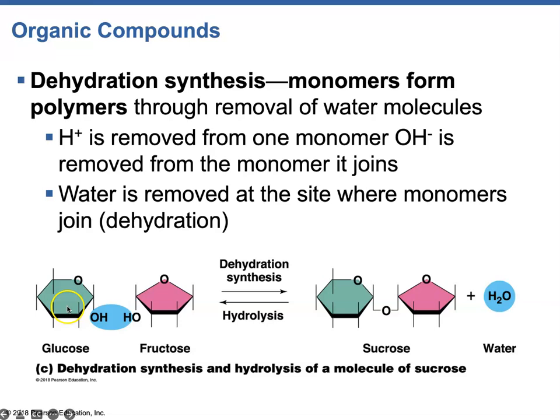So when you combine glucose plus fructose in a dehydration synthesis, we make the molecule called sucrose. This is the sugar that you add to your coffee. The byproduct of this reaction ends up being water. But it's called dehydration synthesis because we removed water here and made our molecule. Now if we go the other way, we're going to put them back into their individual units of fructose and glucose.